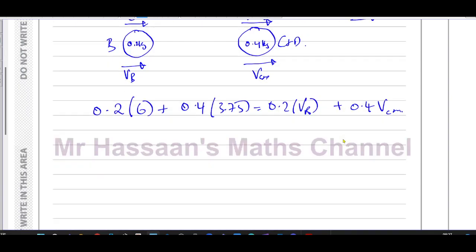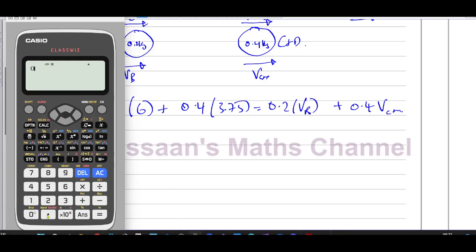Now, basically these two you're going to add together. So we'll find out what that gives us. You're going to have 0.2 times 6 plus 0.4 times 3.75.